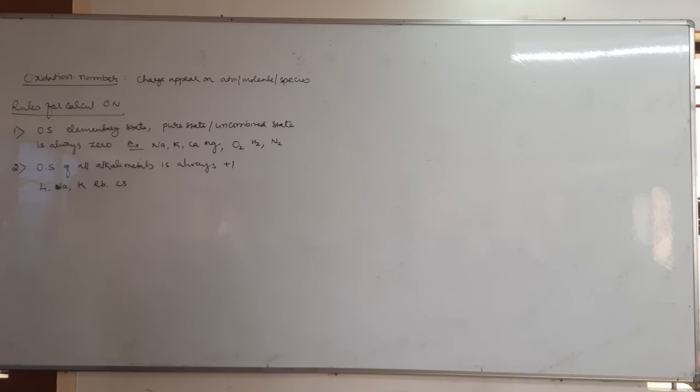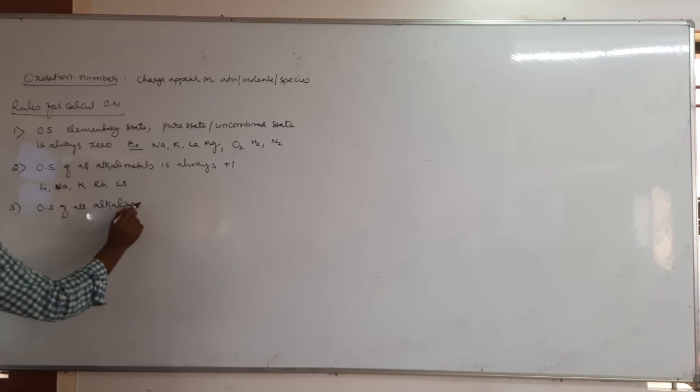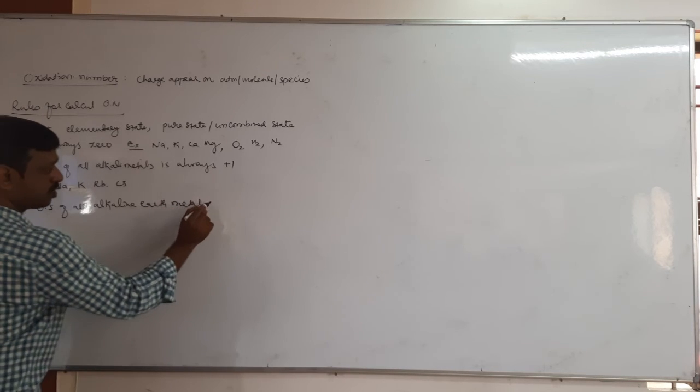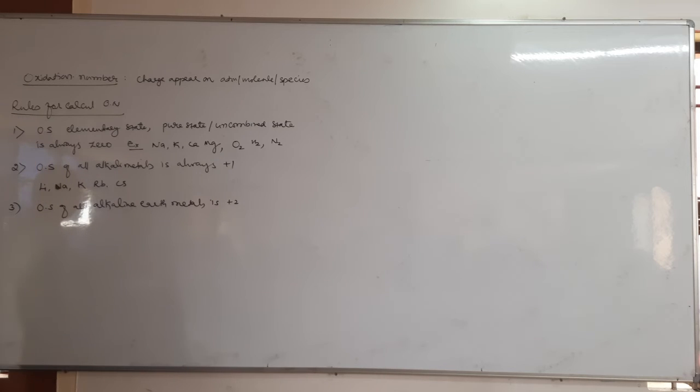It is fixed. Next, third rule: the oxidation state of alkaline earth metals is +2. What are the alkaline earth metals?